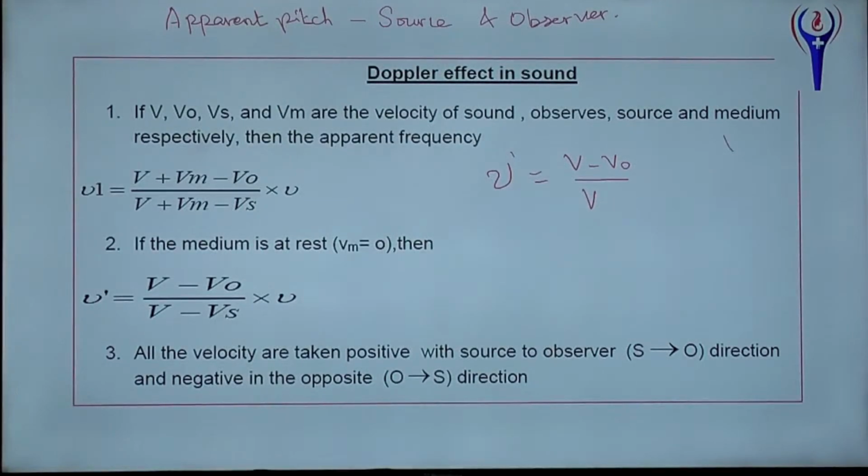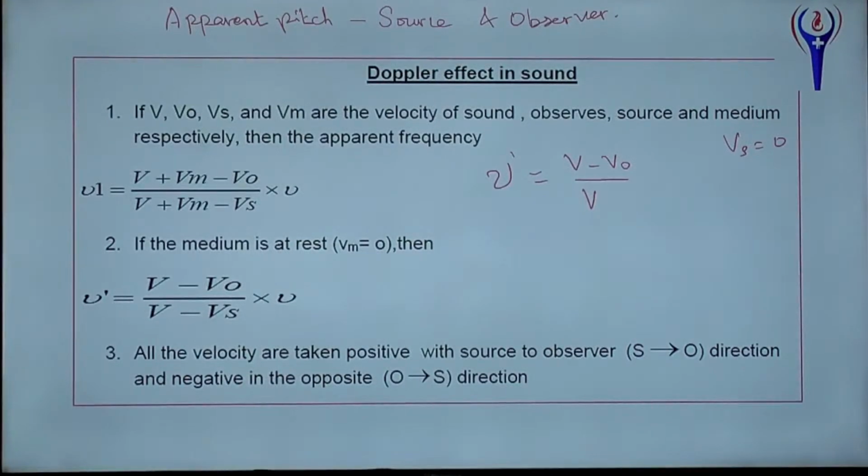Suppose the source is at rest and you are moving towards the train, then will the frequency increase or decrease? The source is at rest, the train is at rest and making a siren sound, and you are running towards the train. How is the frequency?